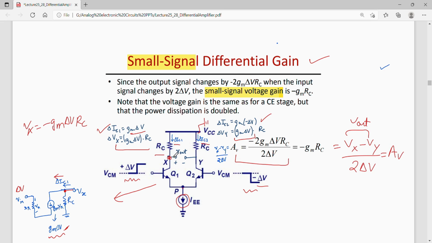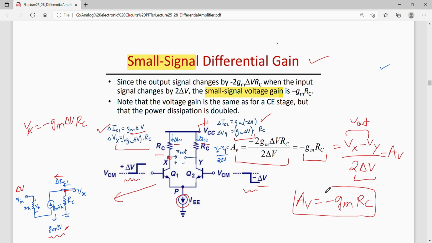So Vx minus Vy, that is delta Vx minus delta Vy, is GM delta V RC minus minus GM delta V RC. So this gives me 2 GM delta V RC divided by 2 delta V, which is equal to minus GM RC. So the total gain of the differential pair is minus GM RC.